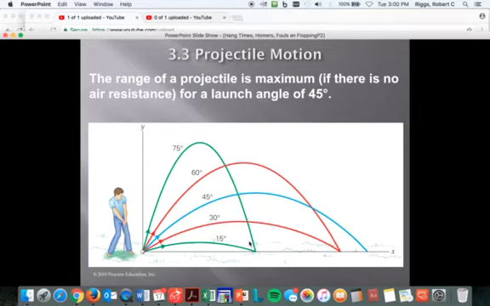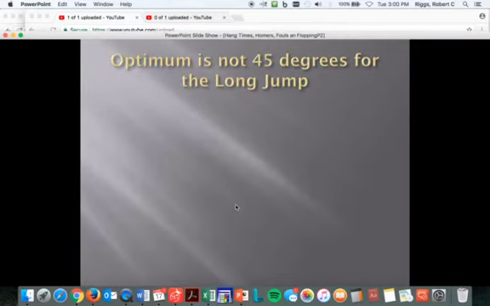Notice, a 15-degree ball won't stay in the air very long, but it'll go the same distance as a ball hit at 75 degrees if they're struck with the same initial speed. All these have the same initial speeds. So one hit at 30 degrees will go this far. Now, however, the optimal angle is not quite 45 degrees, but you'll see what it is. I think you'll see it's 34 degrees.